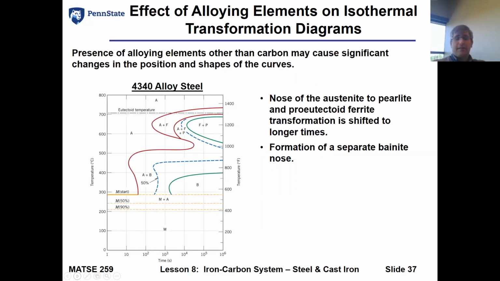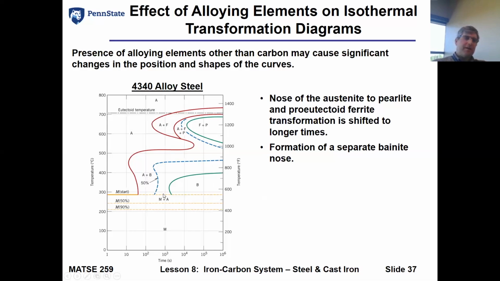And what these alloying element additions are meant to do, even though there's 0.4 weight% carbon in this steel, is change the stability of the austenite phase. And with this, we see that by adding these alloying elements, we get a separate nose for bainite, but look how long it takes to form even proeutectoid ferrite and pearlite. This steel was designed to form bainite and martensite. And so we see how the time is switched over.